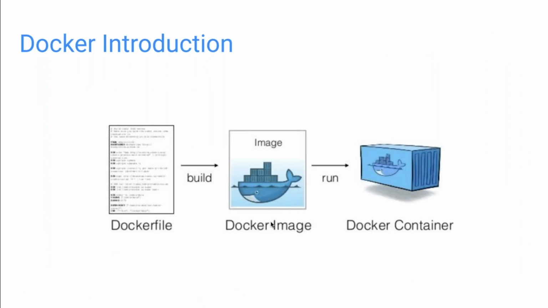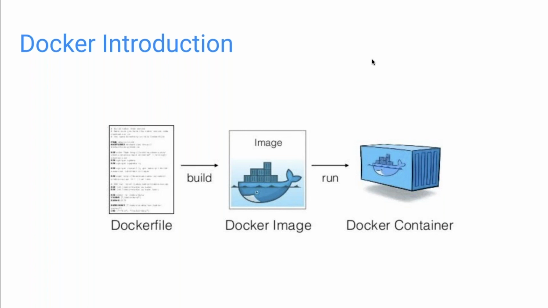Okay, Docker introduction. The first item here, the Dockerfile, is essentially compiled with your component code. It builds your component and converts it into a Docker image. After that, the Docker image will be stored in, let's say, Docker Hub or ECR or somewhere you prefer.